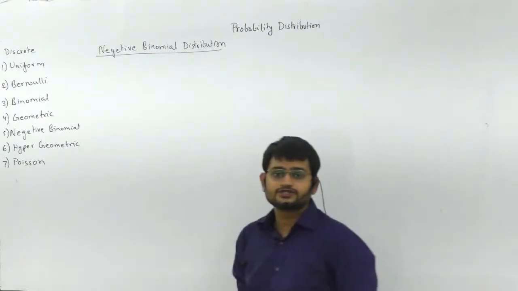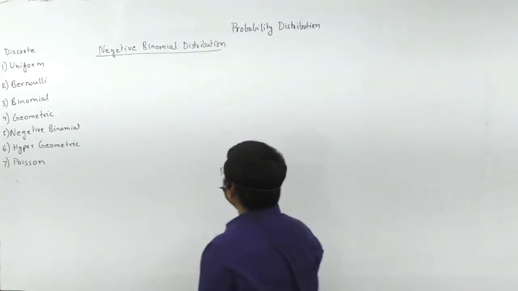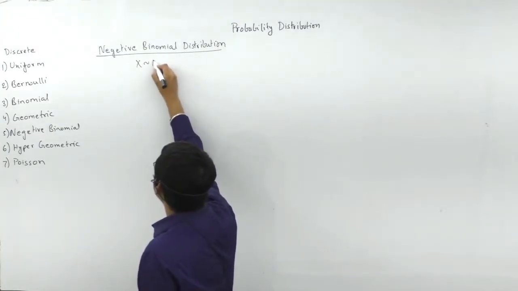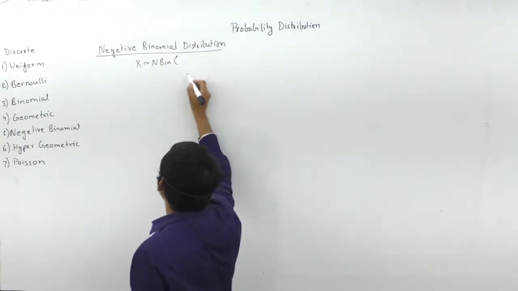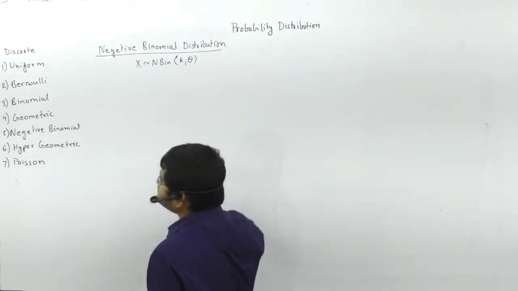Let's go to the next distribution, negative binomial distribution. Now negative binomial distribution, we write it as X follows NBin, for negative binomial, and we have 2 parameters, k comma theta.